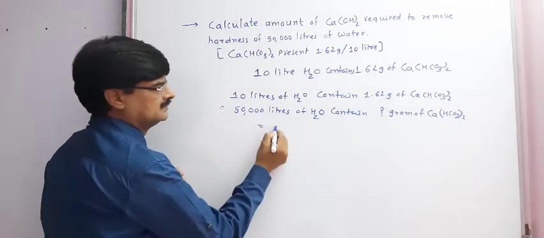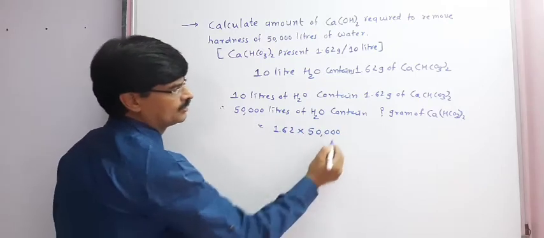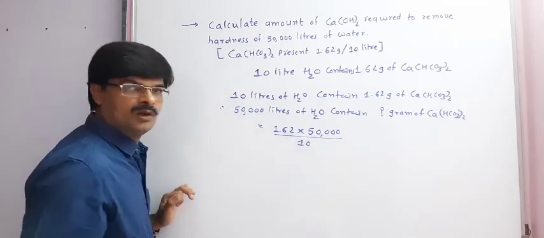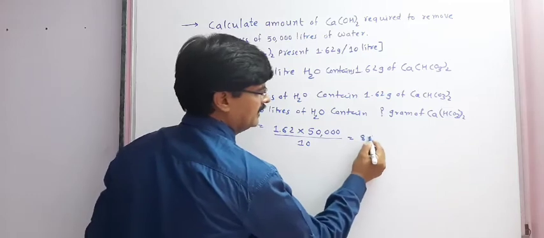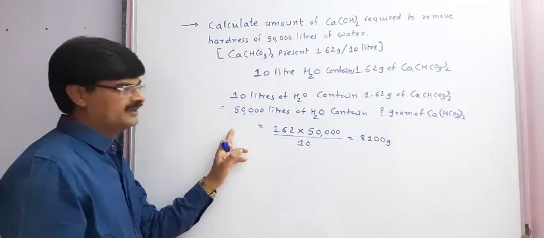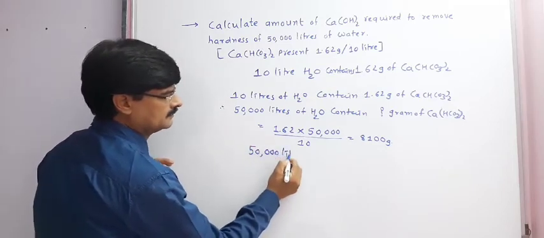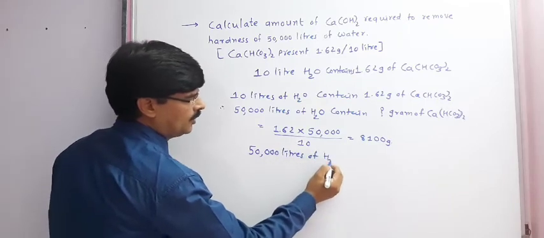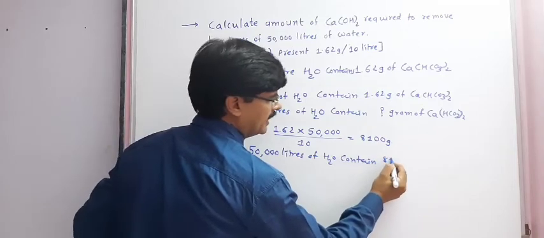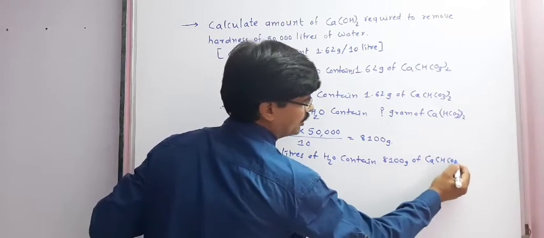So we will get 1.62 into 50,000 divided by 10. On simplification, we will get 8100 gram. So from this calculation we can say that 50,000 liter of water contain 8100 gram of calcium hydrogen carbonate.